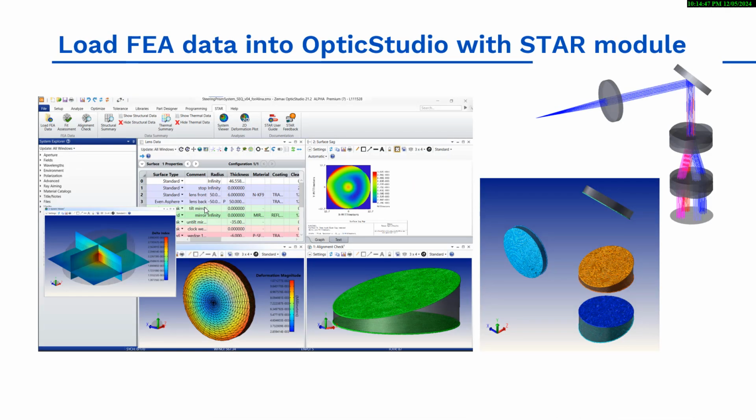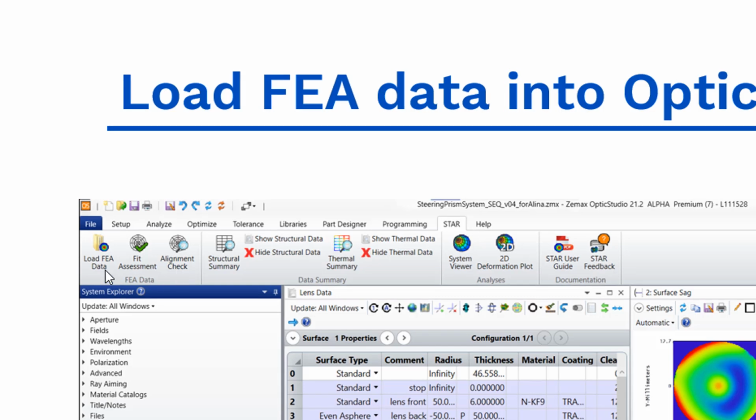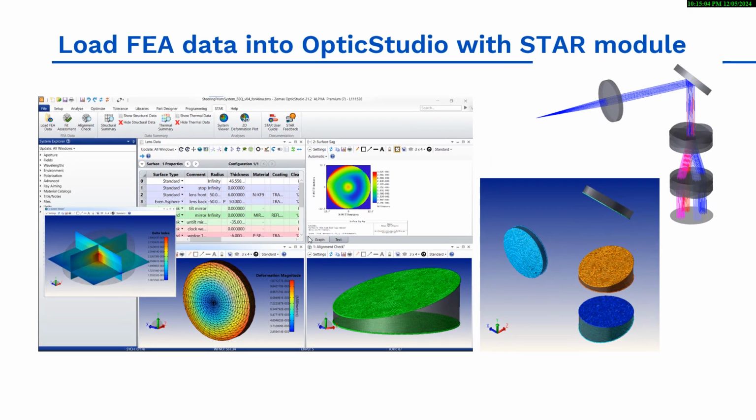As you see here, there is a tab named STAR. In STAR, we can load the FEA data. When we load the FEA data, we can see our wavefront, our surface sag, and other optical parameters that are important for us.